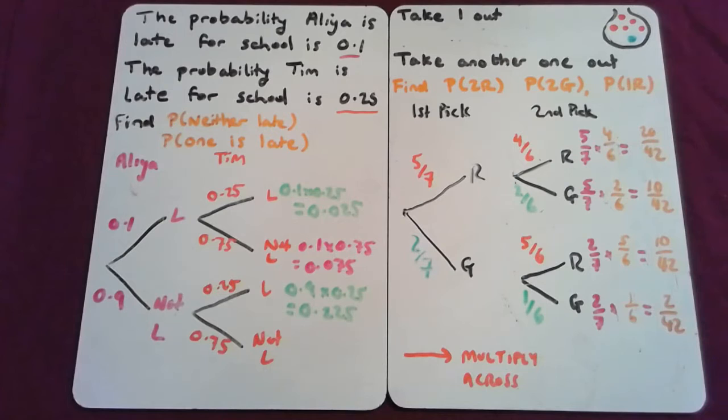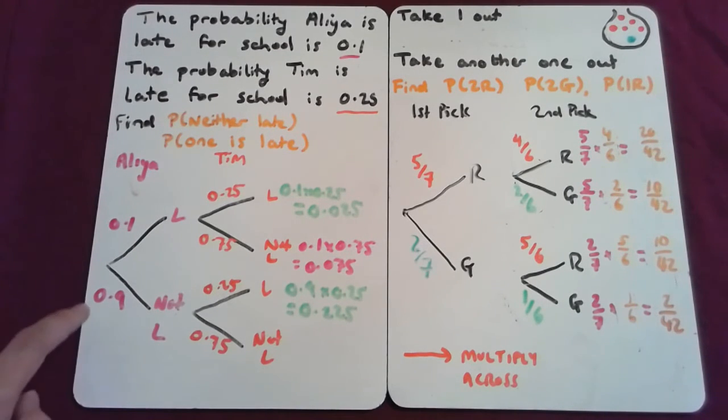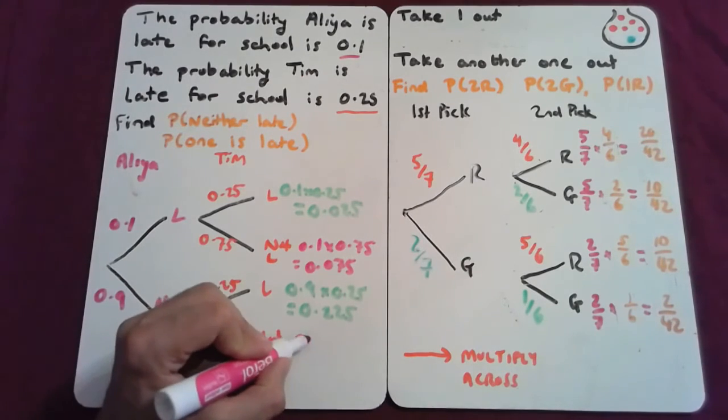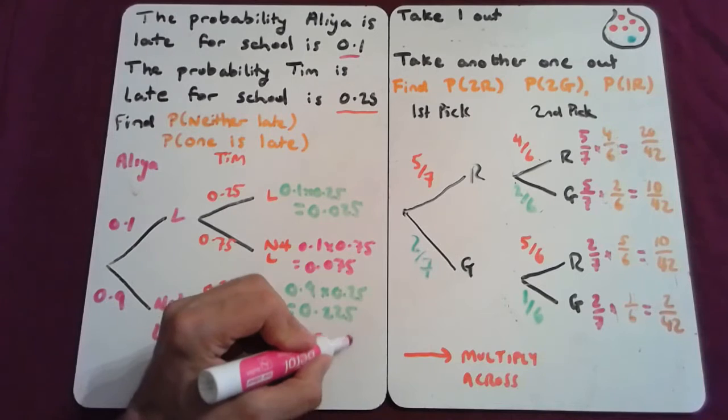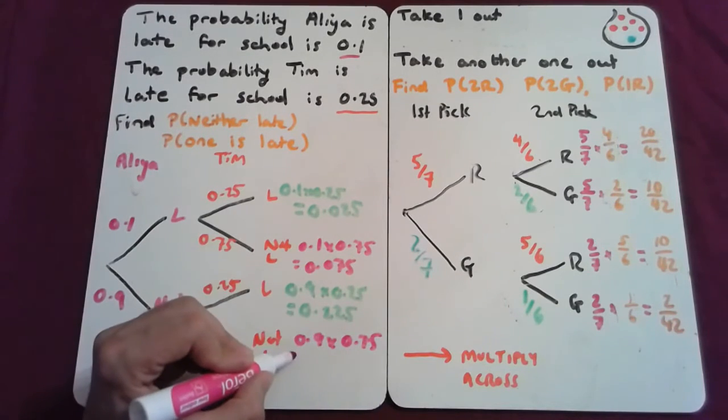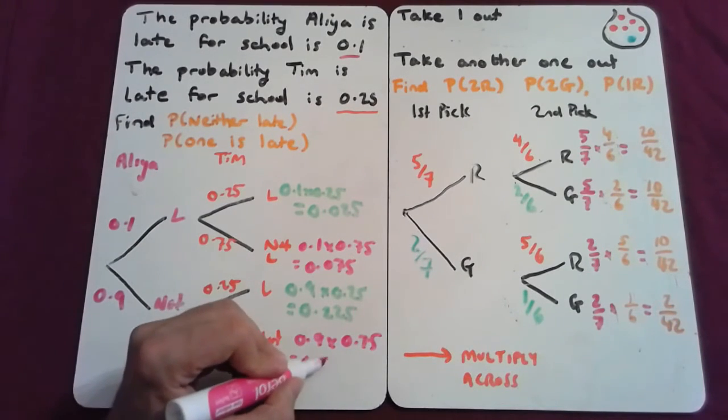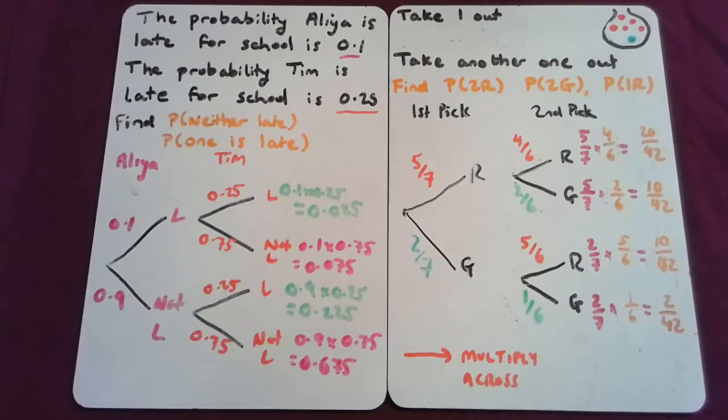And then finally, the probability that neither of them is late is 0.9 times 0.75, which is equal to 0.675. So those are our different scenarios for these questions.